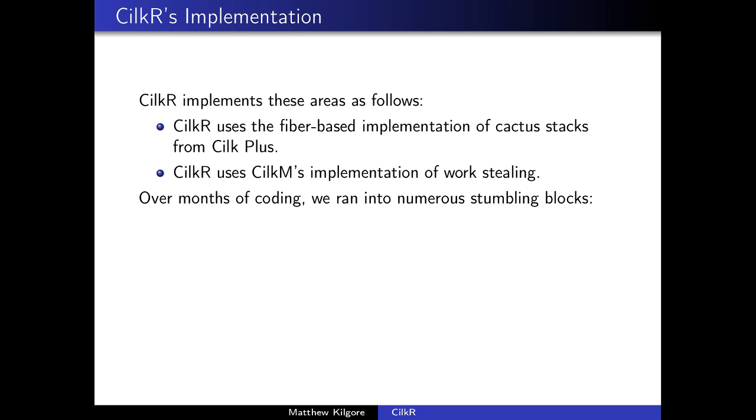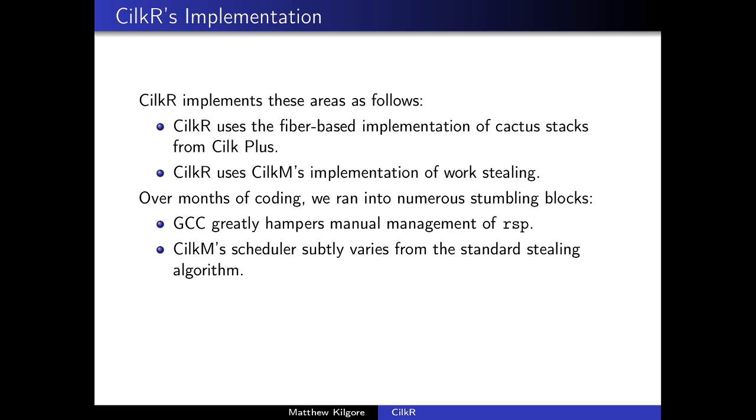Among others, we found out that GCC really doesn't like it when you manipulate RSP. We also found out that Cilk+'s scheduler subtly varies from that standard implementation. And also, Cilk+'s fibers lack any type of usage documentation.